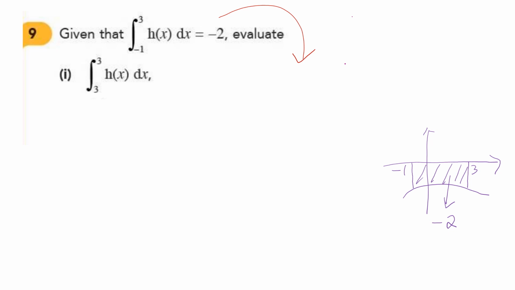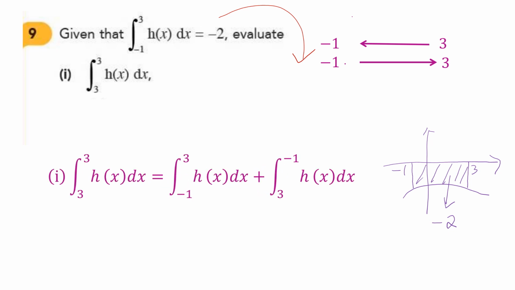What does 3 to 3 mean? It means the upper limit is 3, it goes to -1, and then from -1 you go back to 3. So we're actually finding the limits from 3 to -1 plus -1 to 3. If you understand what I'm trying to do here.